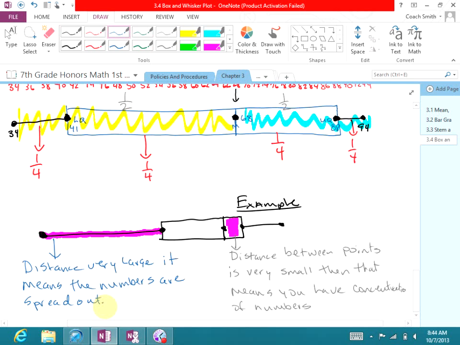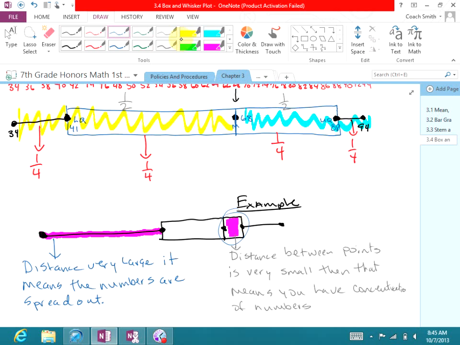That means you may have like a 30 and then a 44 and then a 52. They're spread out like that, okay, when the distance is very large. When it's very narrow like this, that means you've probably got, for example, these are just example numbers, you probably have like a 52, 52, 53, 53, 53, 55, 55, 56, 57. They're all clumped in there together, and you have multiple numbers that are the same when the gap is very narrow.